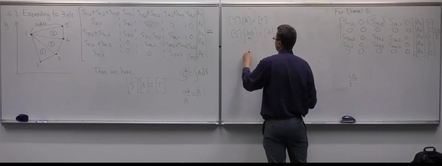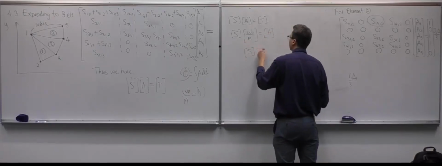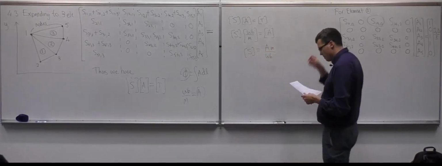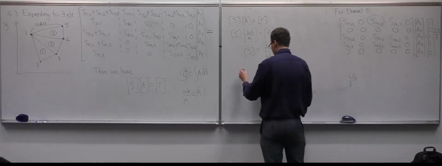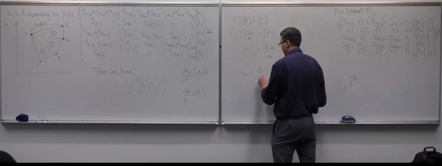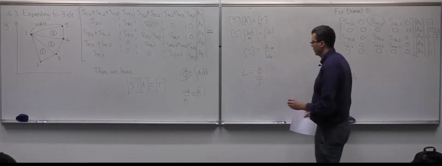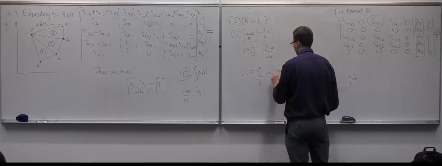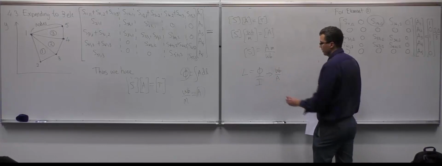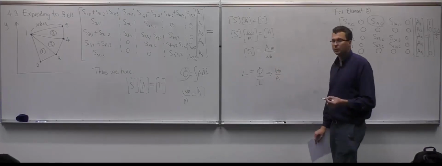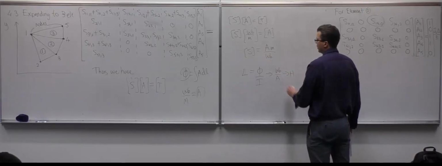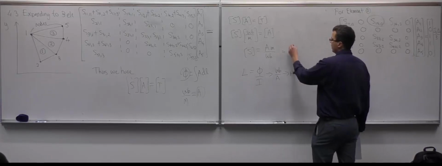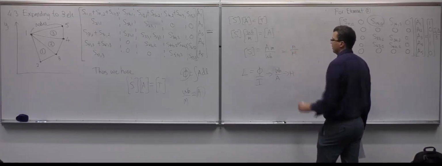So we have amps meters divided by Webers, but remember that inductance is equal to flux over the current, which has units of Webers per amp, which is also known as henries. So here we've got Webers per amp, which is henries. So we've got meters over henries.